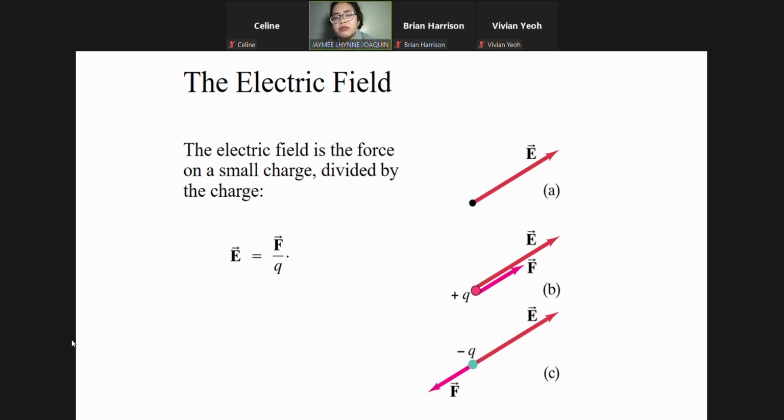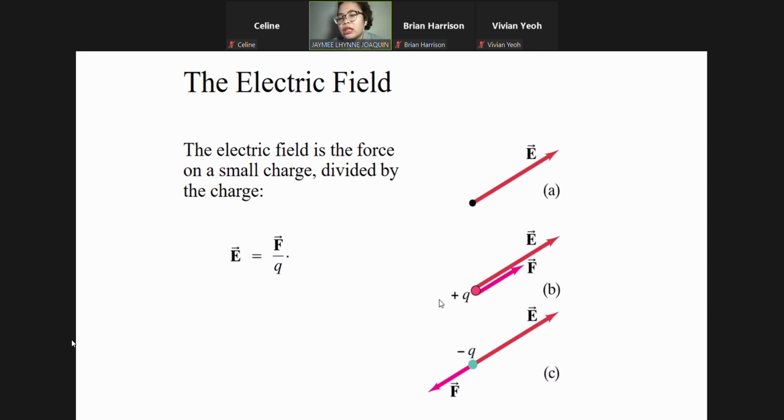So electrical field is the force on a small charge divided by the charge. So if a while ago we were talking about force, for electrical field, it involves the force together with the charge it has. So if this is electric field, you have the force in it together with the charge.